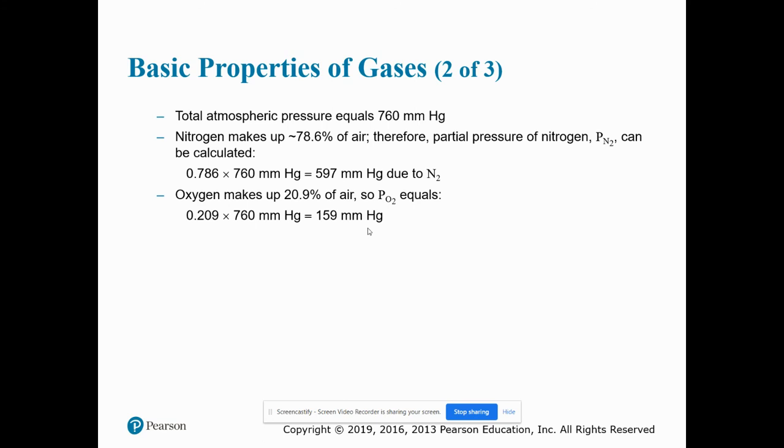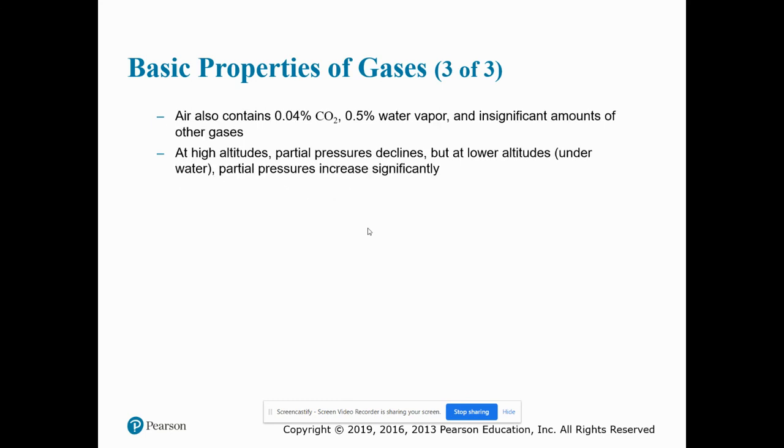So we're still short a little bit: that's 756 out of 760, so we're still missing 4 millimeters of mercury. Air also contains 0.04% CO2 and 0.5% water vapor, and insignificant amounts of other gases. At high altitudes, partial pressures decline, but at lower altitudes, like underwater, partial pressures increase significantly.